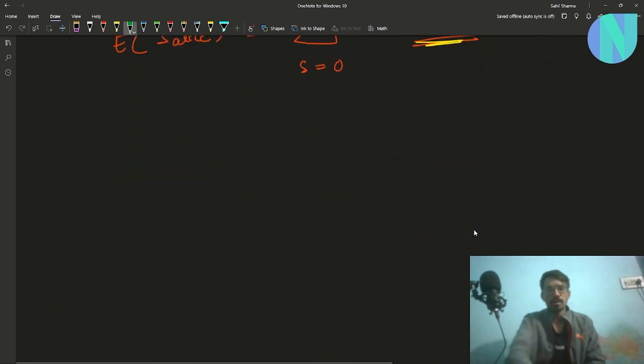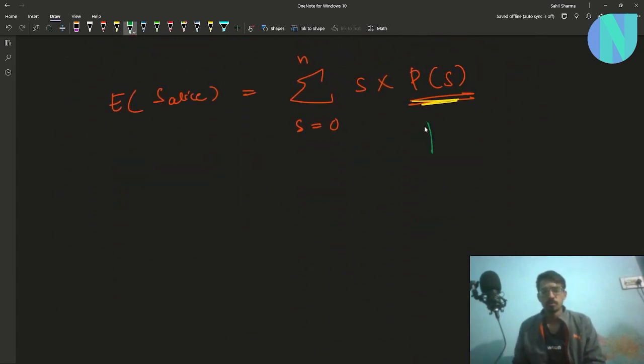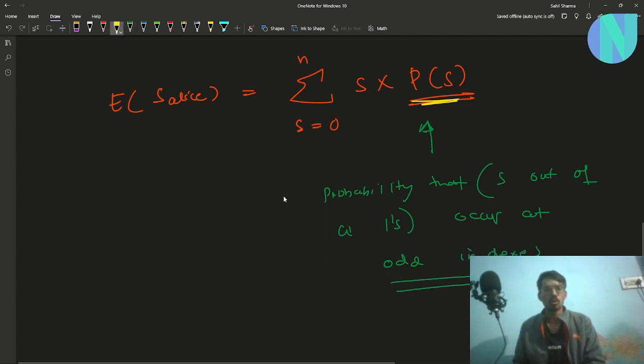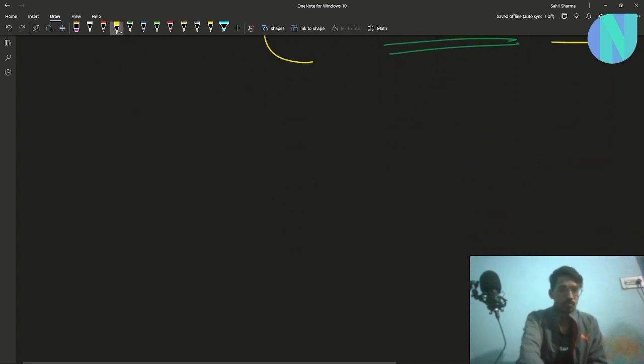So you can say that your P of S is nothing but the probability that S out of A ones occur at odd indexes, right? So that is what we want to find. So now let's see how we can solve this.